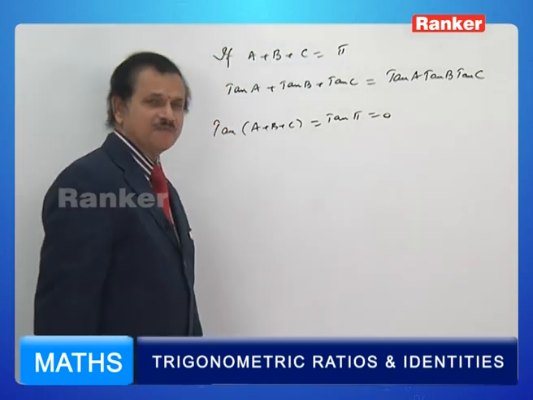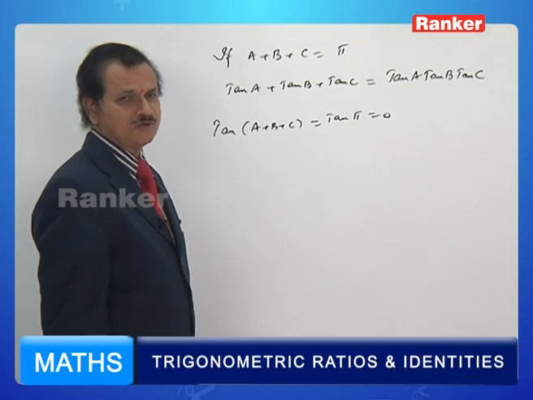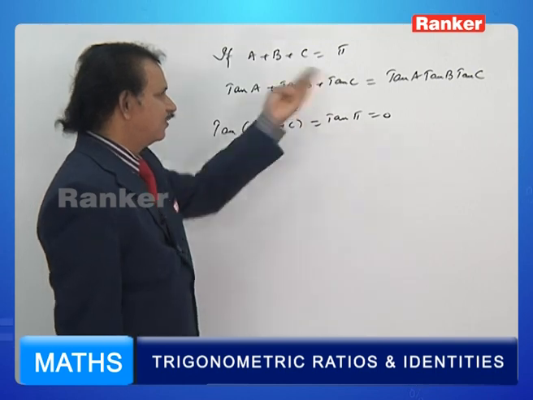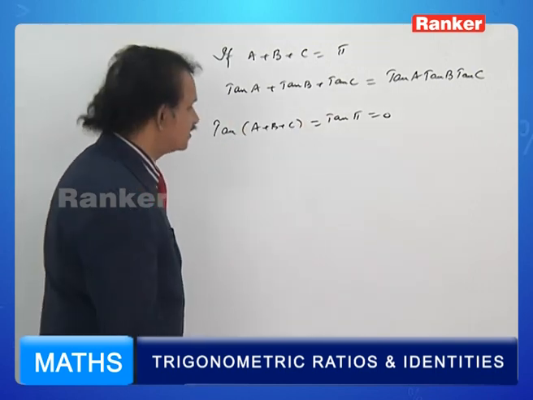Do you remember the formula for tan of (a plus b plus c)? What is its numerator? Tan a plus tan b plus tan c minus tan a tan b tan c is equal to 0, isn't it? It is one of the simplest results.